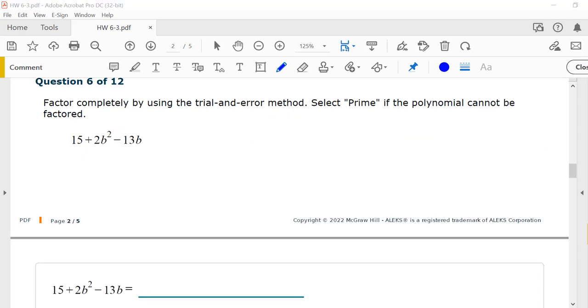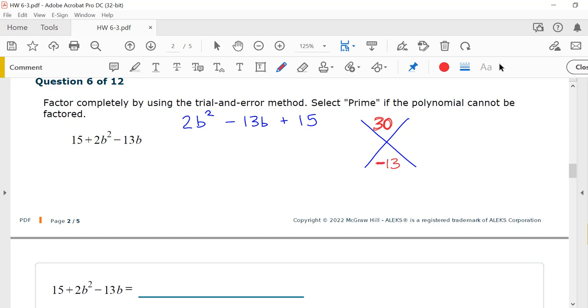All right, number 6. I need to write it in standard form. 2b squared minus 13b plus 15. My x, the number that goes up top, is 2 times 15, which is 30. And the number that goes down on the bottom is -13. This number is positive, so they both have to be the same signs.